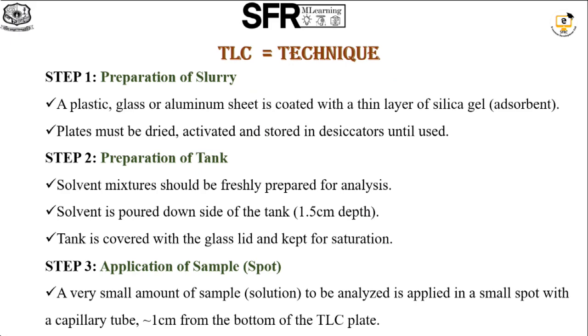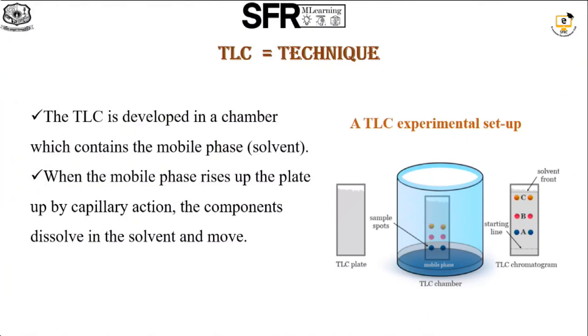So the TLC chromatogram. The next slide shows the picture of the TLC experimental setup. You can see the next slide. That is the picture of the experimental setup of TLC. TLC is developed in a chamber which contains the mobile phase. When the mobile phase rises up the plate by capillary action, the components dissolve in the solvent and move.